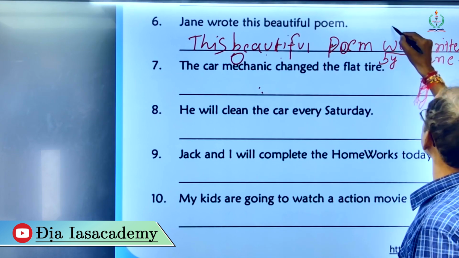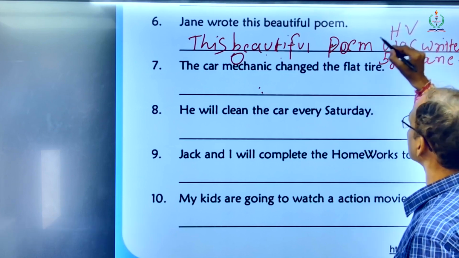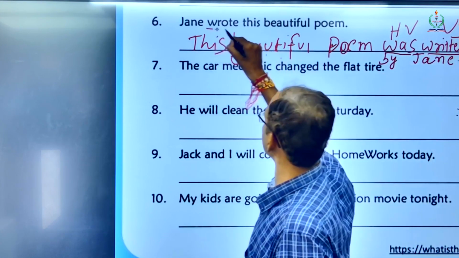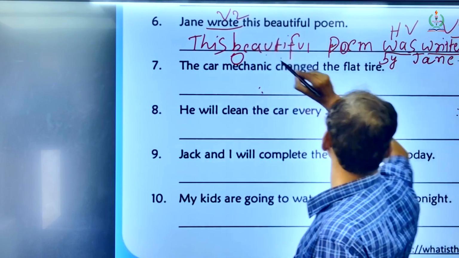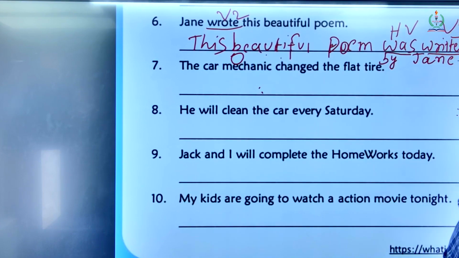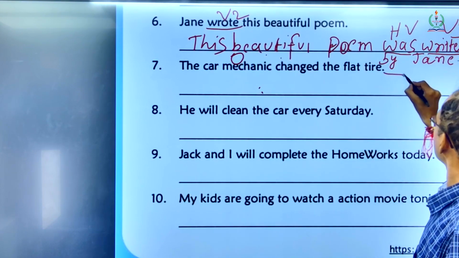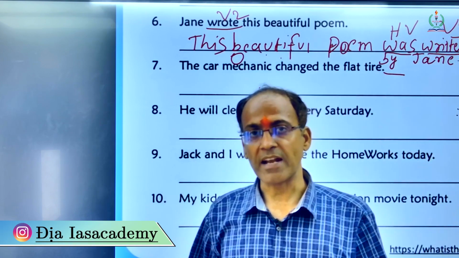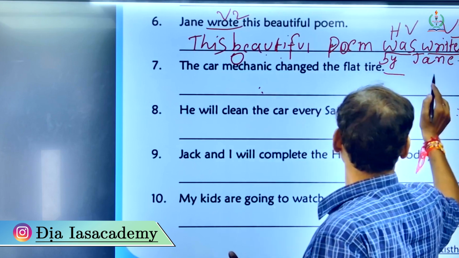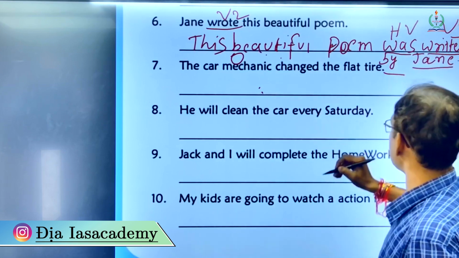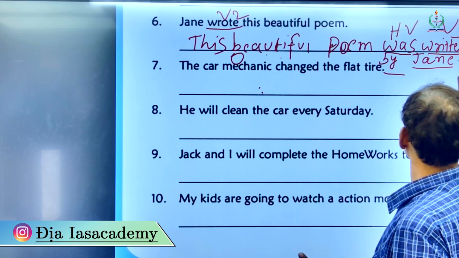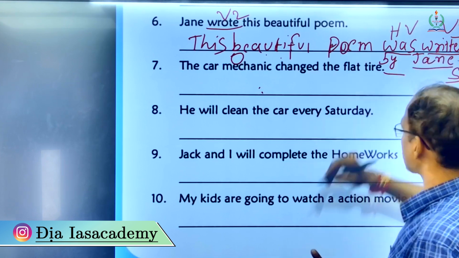Now this was is nothing but the helping verb. Written is the V3 form of the verb. Wrote, which is the V2 form, becomes the V3 form of the verb. Written by, it has to be there by the rule we follow. Now Jane, which was the subject in the active voice, becomes the object in the passive voice form.